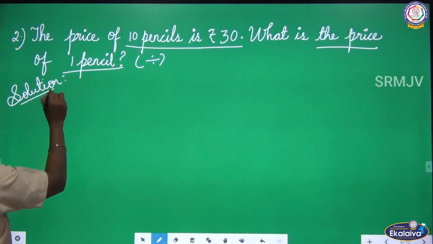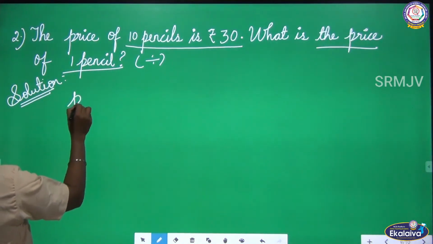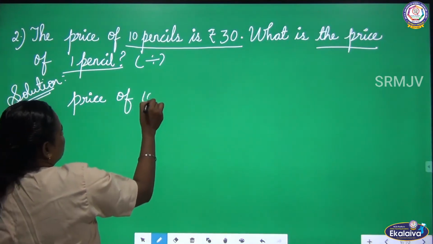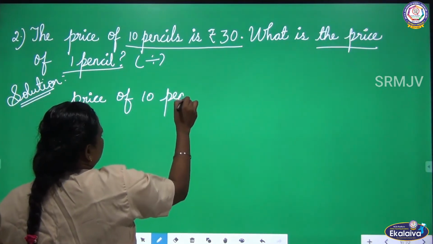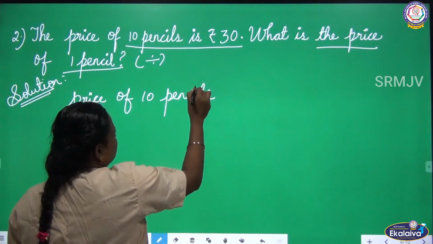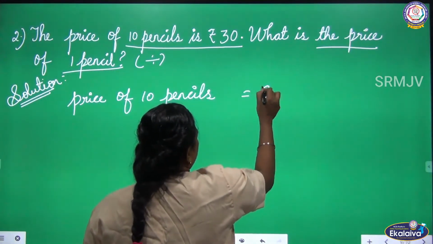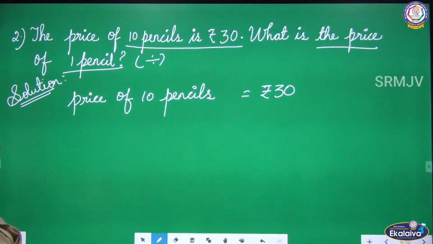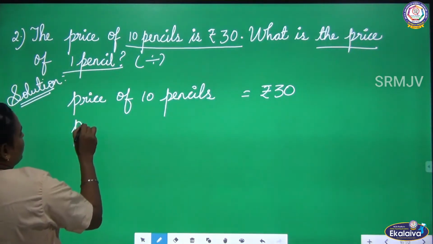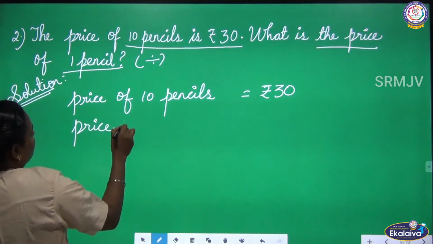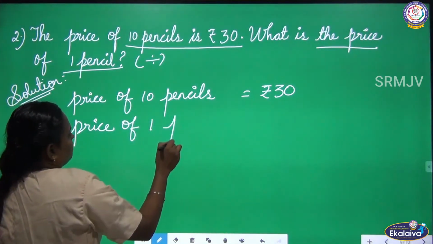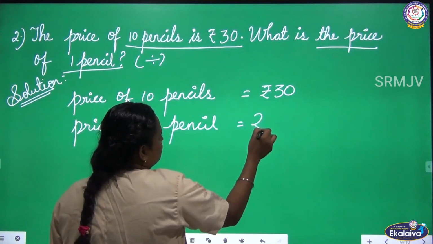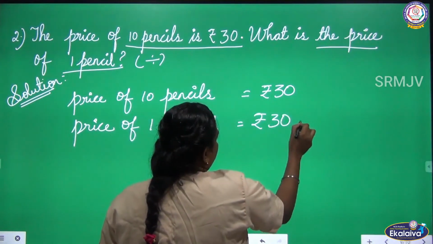Next you write price of 10 pencils. What is the price of 10 pencils? Price of 10 pencils equal to rupees 30. Next what we are going to find out? Price of 1 pencil. So you write price of 1 pencil equal to, you are going to divide 30 by 10.